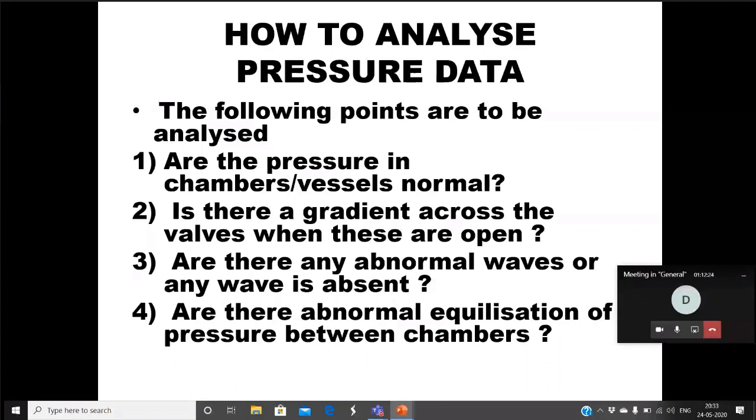Cardiac tamponade. What else? What about Eisenmenger syndrome? VSD Eisenmenger complex, yes. Systolic equalization of LV, RV, aorta and pulmonary artery. Yes.